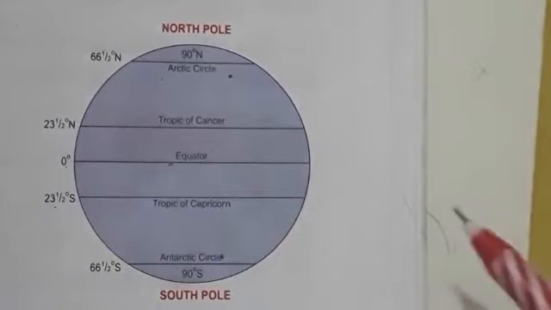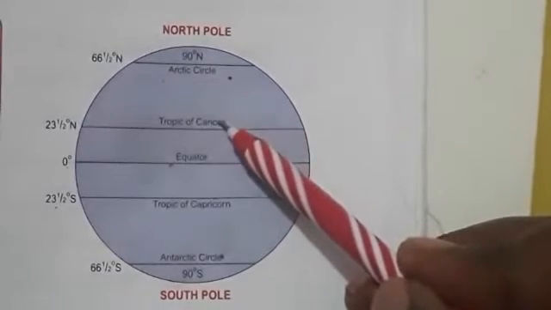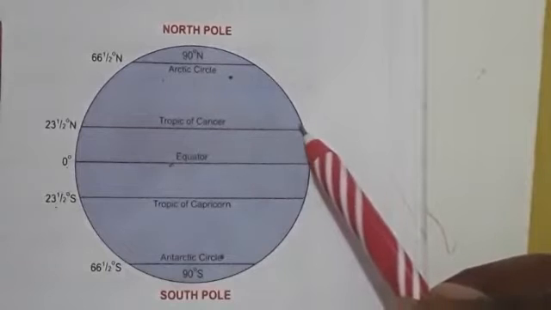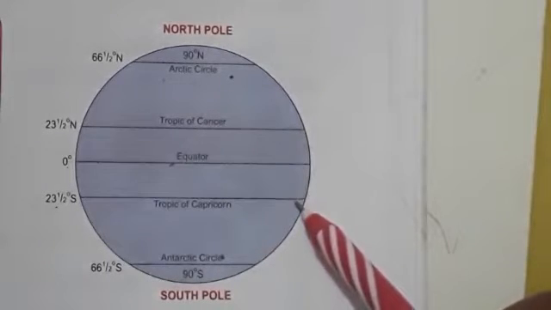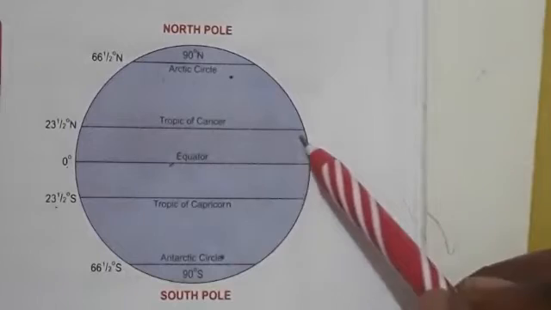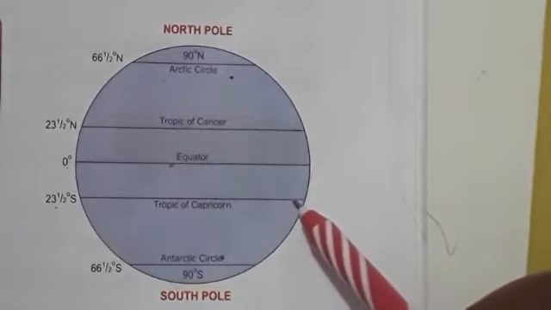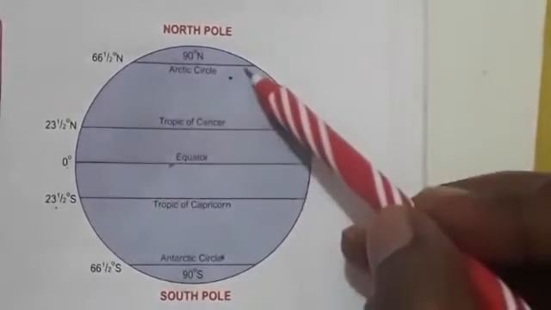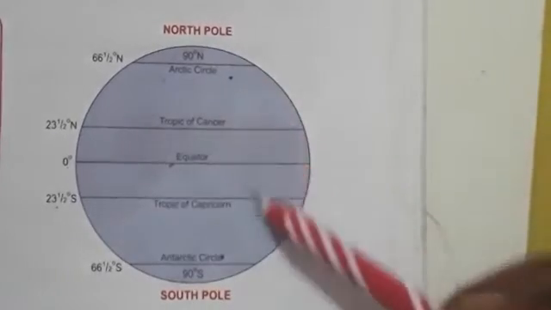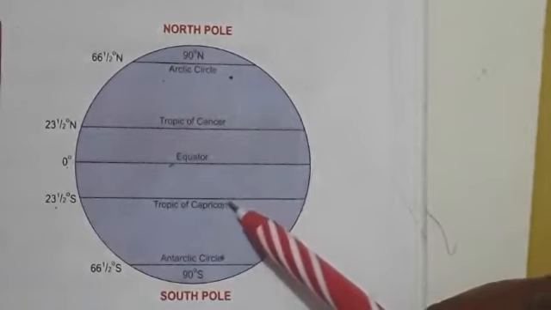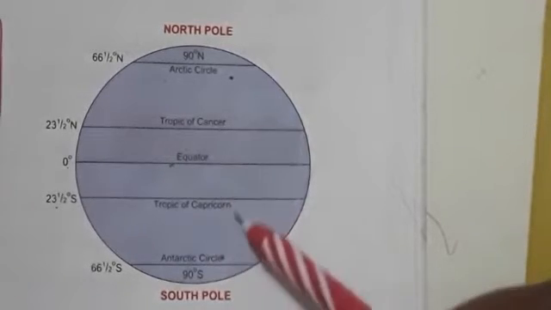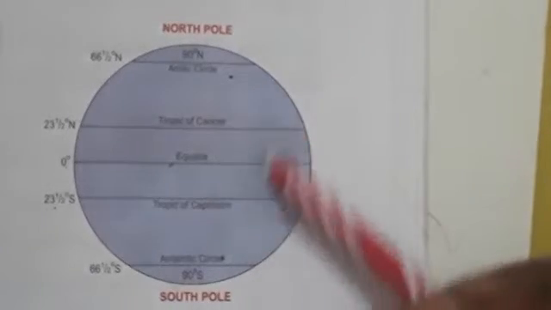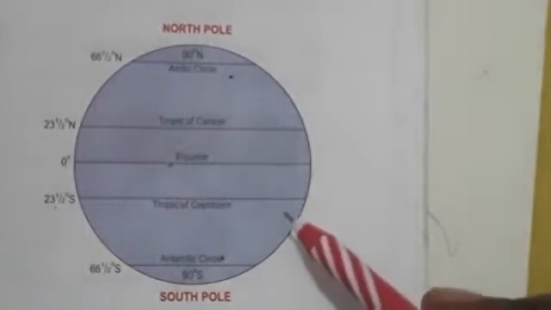Okay, the region between the Tropic of Cancer and the Tropic of Capricorn will be very hot. How will the climate be? It will be too hot. But the region between the Tropic of Cancer and Arctic Circle in the north, and the region between Tropic of Capricorn and Antarctic Circle in the south, in both these regions the climatic condition will be moderate.